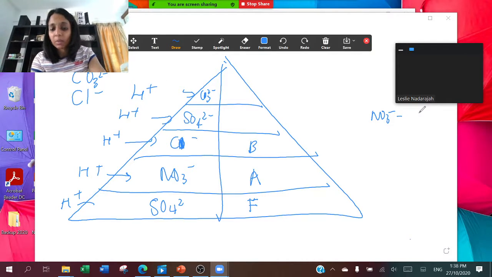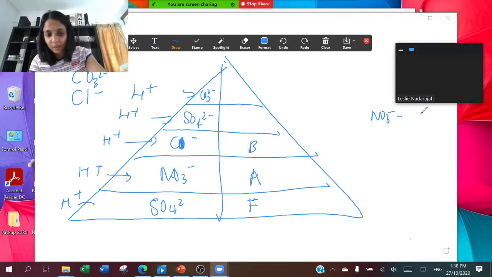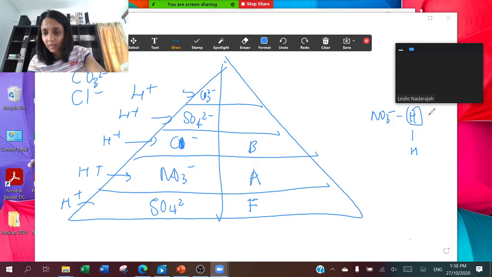Now, when I want to do the nitrate test, I close the nitrate and look down. I want you to memorize He. H-I-H, He. The first H is H2SO4. The next one, F, is iron, so it is FeSO4.